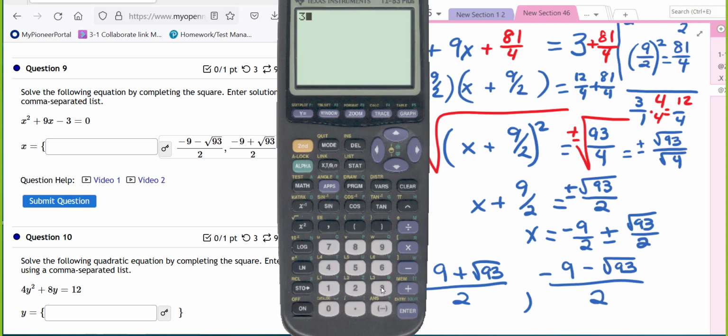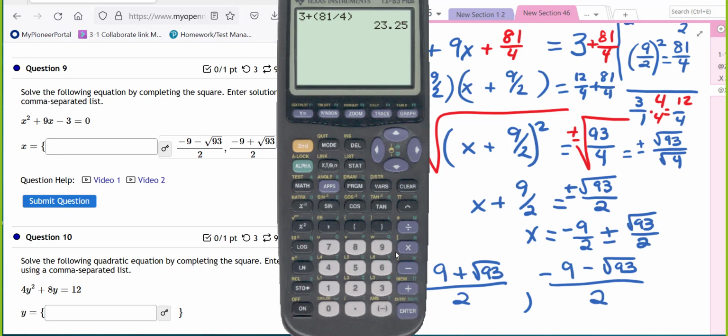So if I do 3 plus, and this calculator does not have a fraction button, so I need to keep the entire fraction together, and so parentheses is your friend there. So 81 divided by 4, that is holding it all together. Right? And enter is going to give me a decimal.